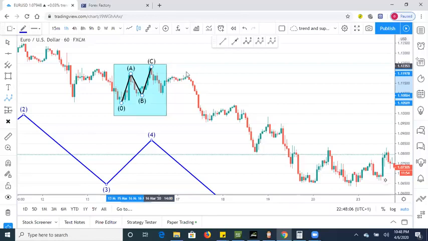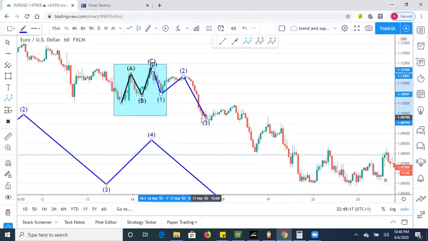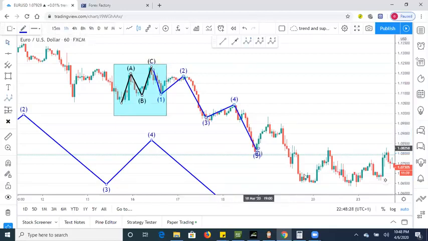So it was making something that looks like a push up, right? But notice at this point, this high here failed to take out this, and it rolled down, giving you that head and shoulder pattern we spoke about earlier on.